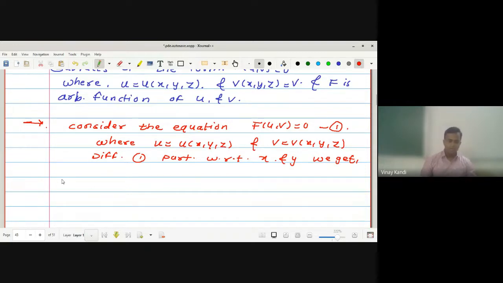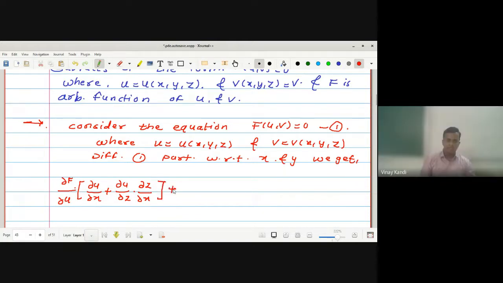Now first one, ∂f/∂x. ∂f/∂u, because f is a function of u, multiplied by ∂u/∂x, plus u is a function of z and z is a function of x. Do you understand how I am writing it?